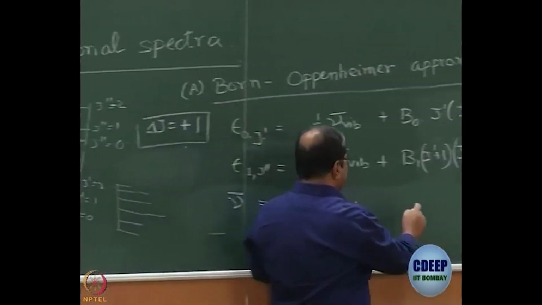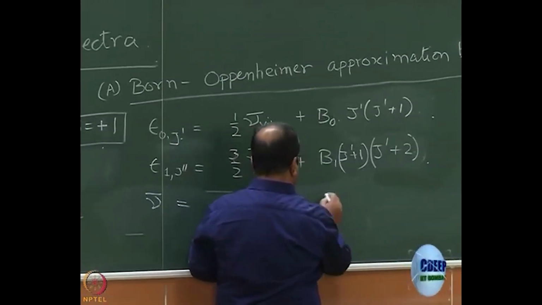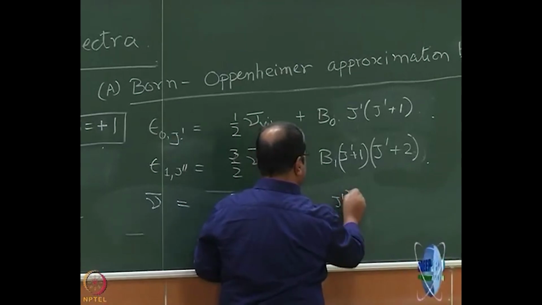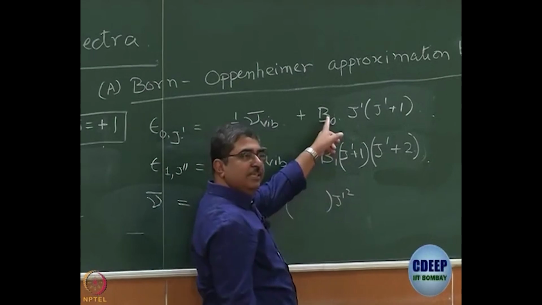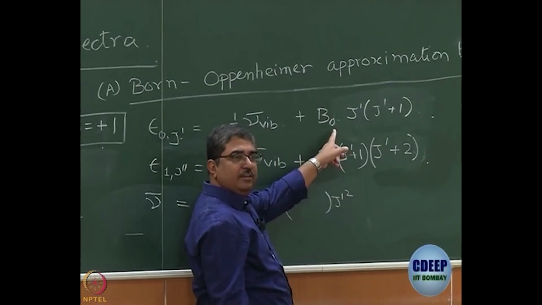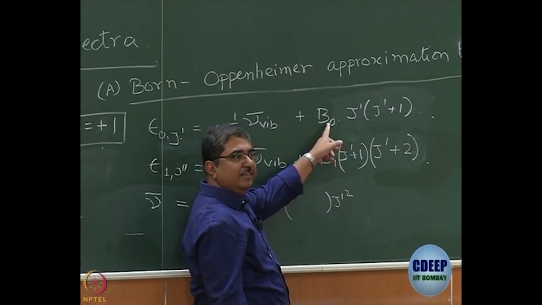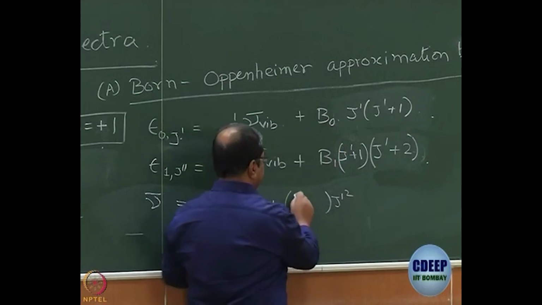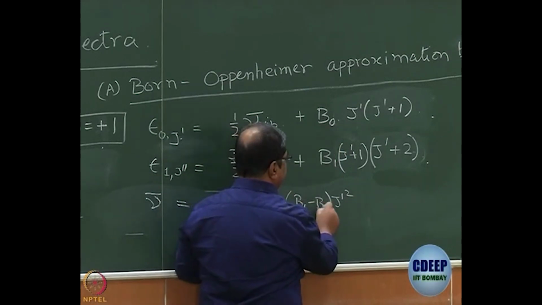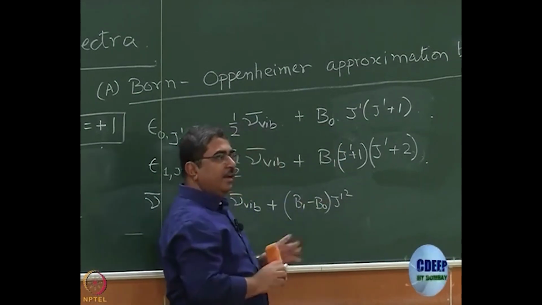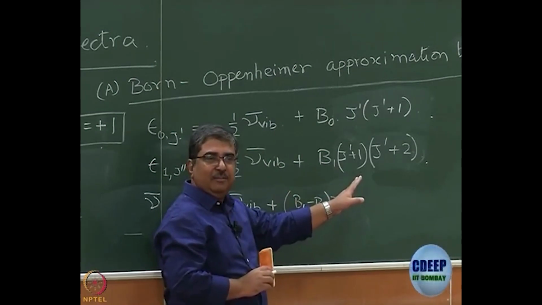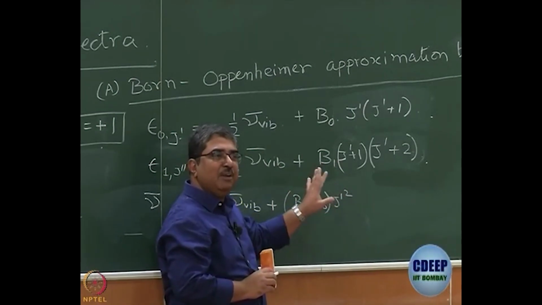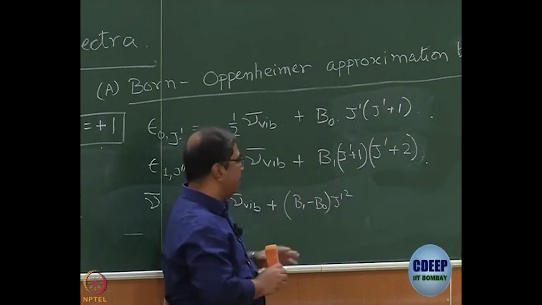So, let us first collect the terms in say j dash square. What do I have? B1 minus B0 into j dash square, is that right? And now the remaining course is kind of defined. We have to try and find terms in B1 minus B0, okay?